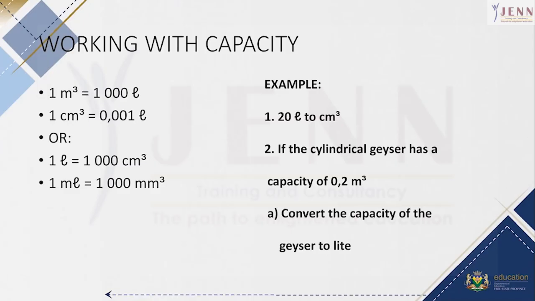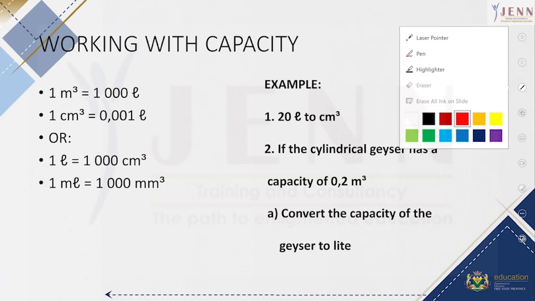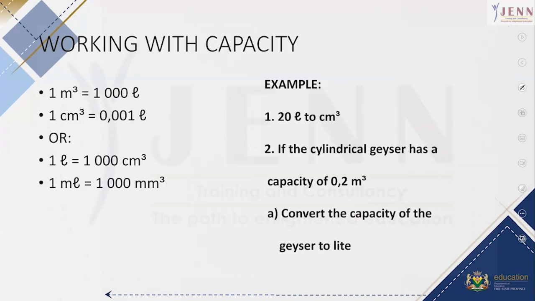For example, 20 liters, convert 20 liters to cubic centimeter. I remember this one. Okay, no, it's number 2. If you convert 20 liters to cubic meter, because we are told that 1 liter is equal to 1,000 kilogram.